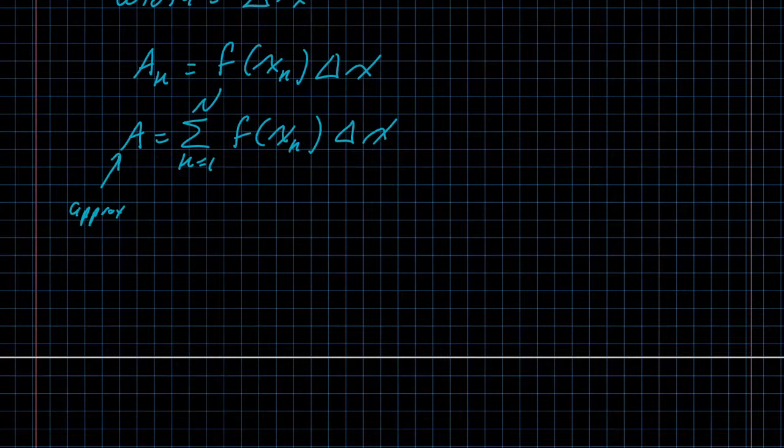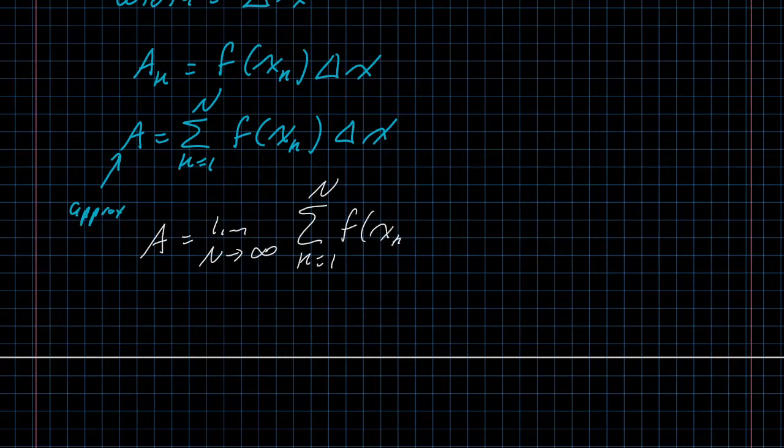And again, remember that's the approximate area that our drawing has given us, and the actual area is the limit as we take more of these. The more of these rectangles we get, the bigger this thing is.